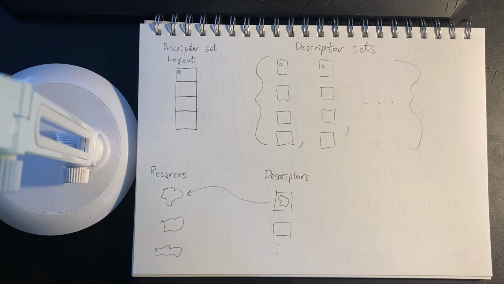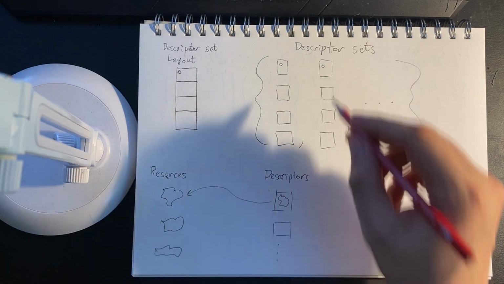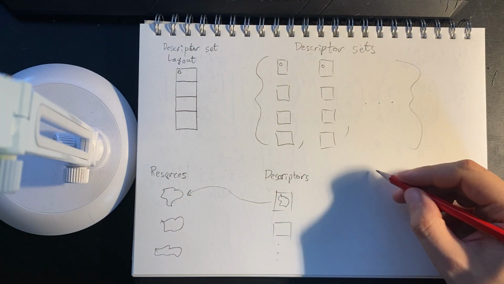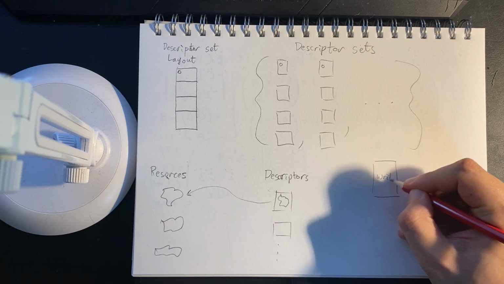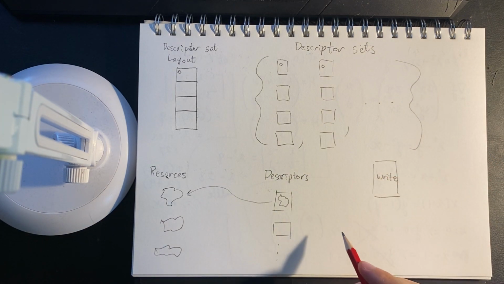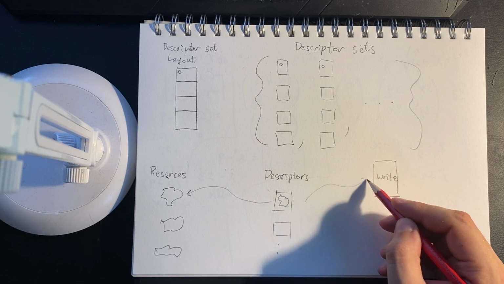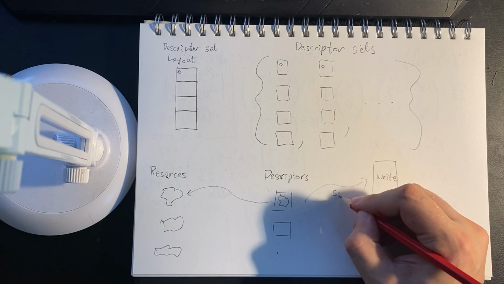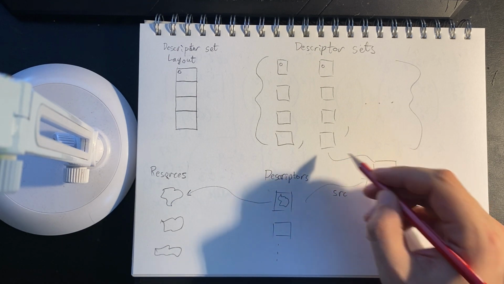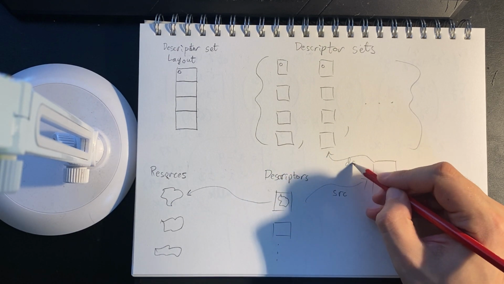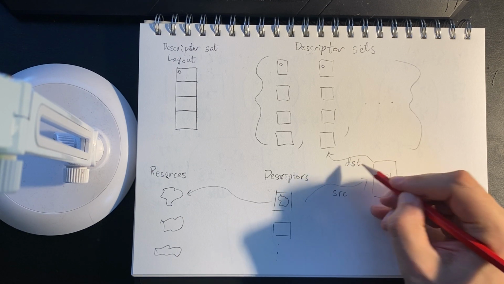But then what we need to do is write to a given descriptor set. So we have a descriptor set write object, which refers to some descriptors. They are the source that we're reading from, and the destination that we're writing to is some given descriptor set.